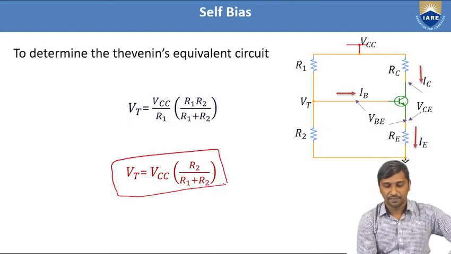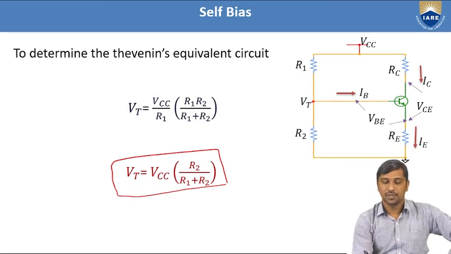So at this point, it generates some amount of voltage with respect to your biasing source, that is VCC, along with this potential divider network R1 and R2. Due to this combination, the node voltage across the base is represented as VCC times R2 by R1 plus R2.